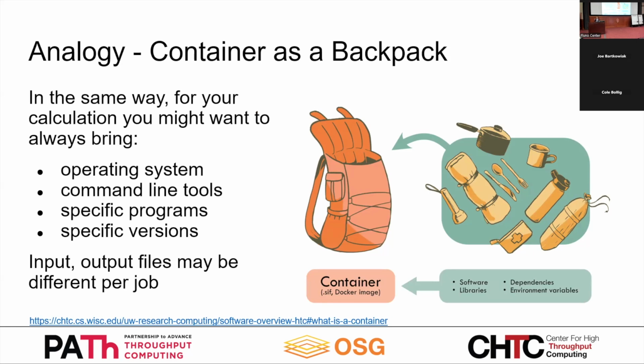Those are going to be your core set of materials or equipment, but things can change per job that you're running. So your input files may be different, or maybe your training script might be slightly different, right? So this is a good analogy for a container.